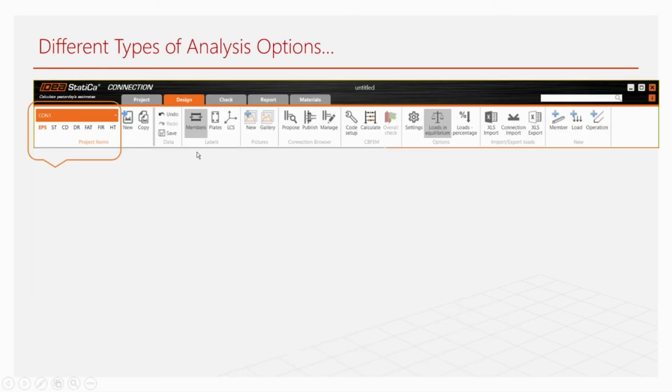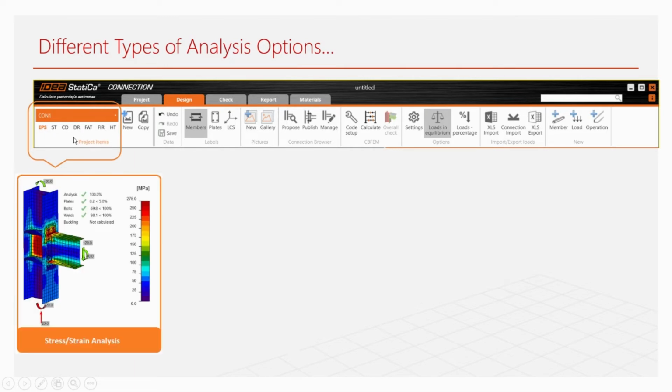So there are different analysis and design options available in Idea Statica. You can see there are EPS, ST, CD, DR, FAT, FIR, HT. These are the analysis options where you can analyze and design your connection. EPS is a normal stress strain analysis which we normally use in any connection design.